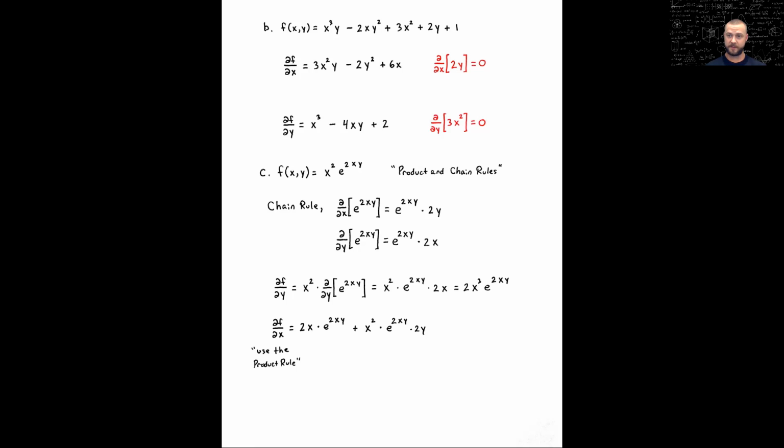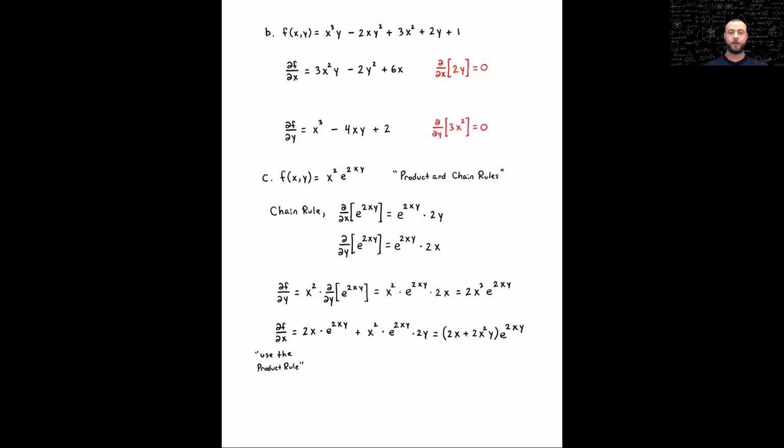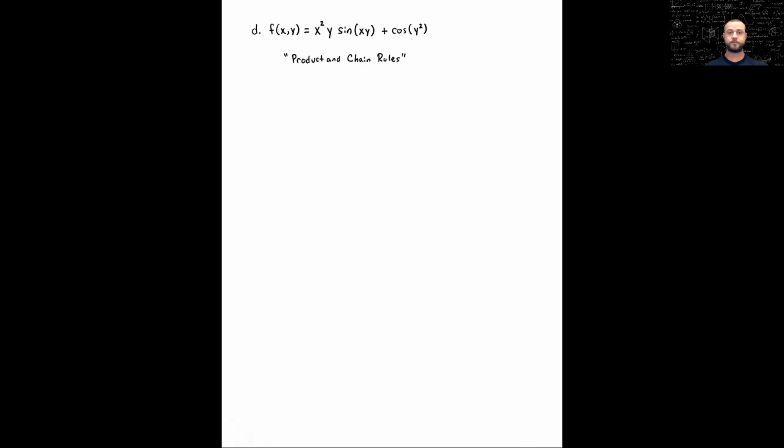All right, if you feel okay, let's move on to the last example, which is the most complicated one of all, part D. If you're up for the challenge, if you're new to partial derivatives, pause to make an attempt at this.